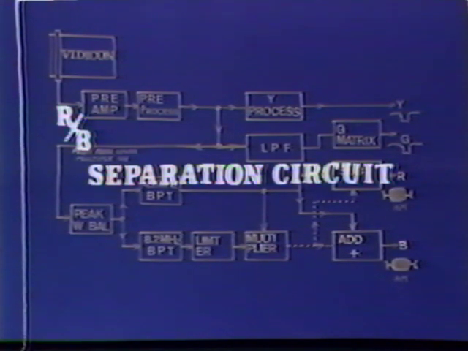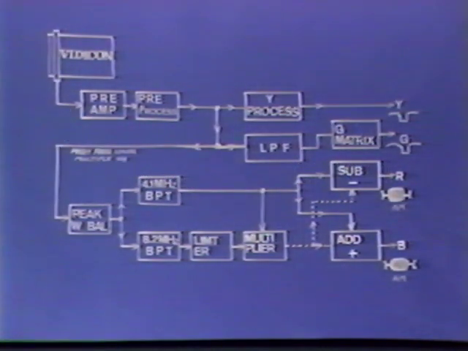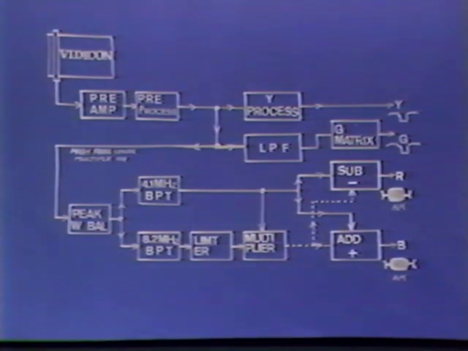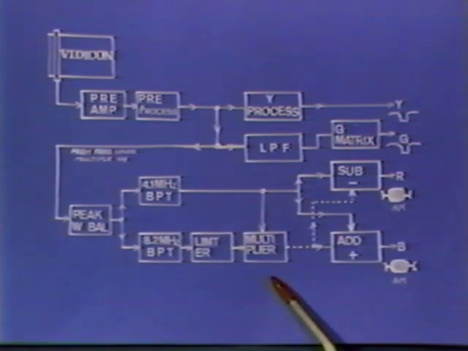Color demodulator. The color demodulator is made up of an R and B separator and a synchronous detector. The figure is showing the principle of the R and B separator.